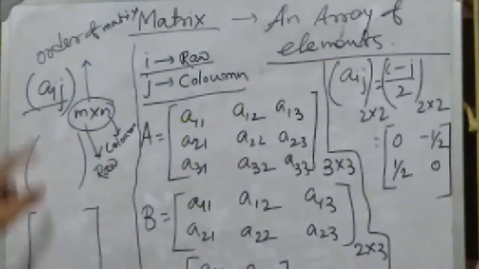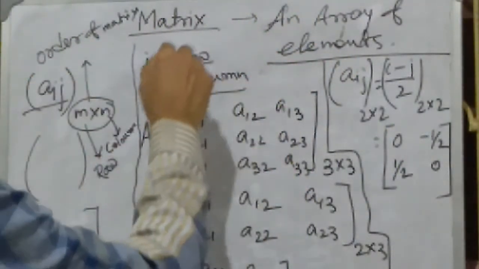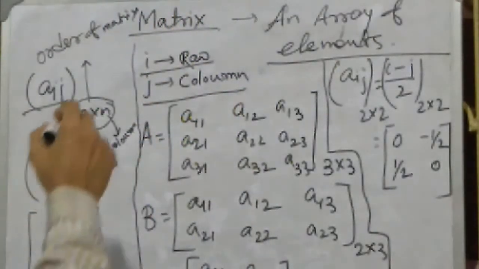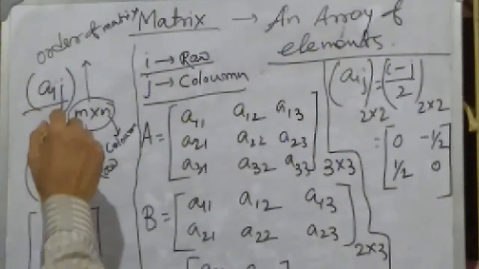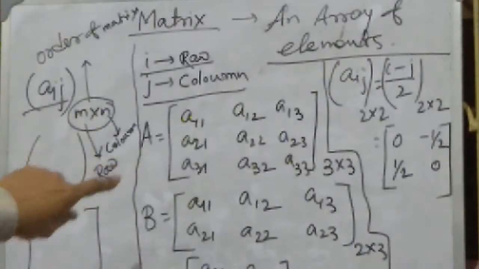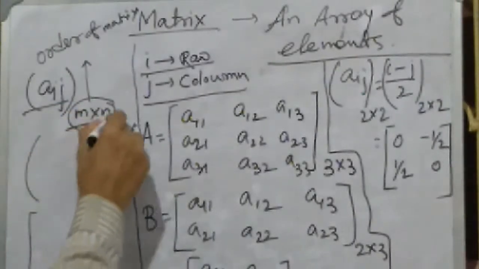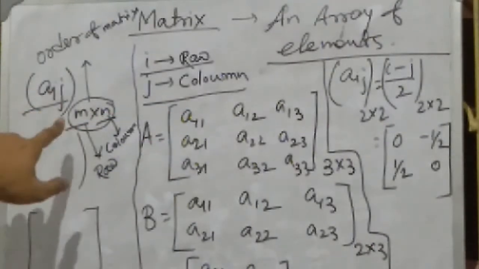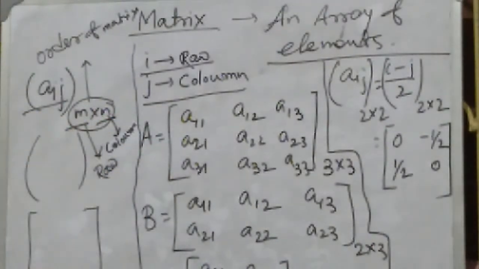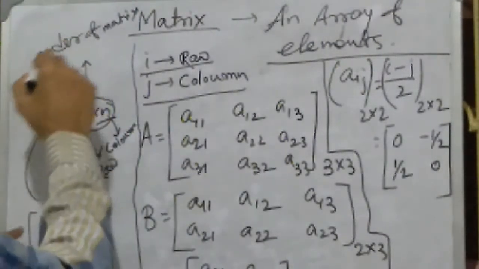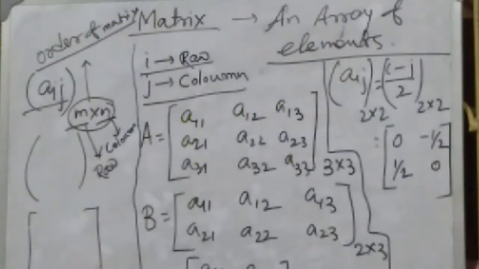Therefore the number of rows is 3 and the number of columns is 3, and we write the number of rows and columns with this M cross N notation, where M is for rows and N is for columns. Together, this M cross N is pronounced as the order of the matrix.